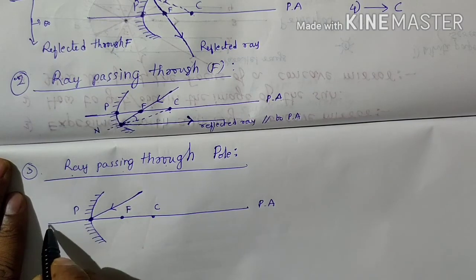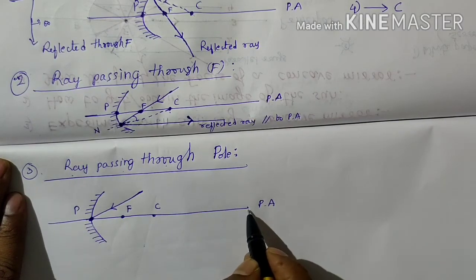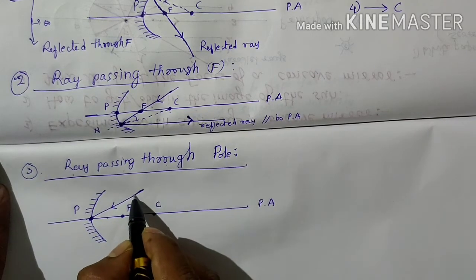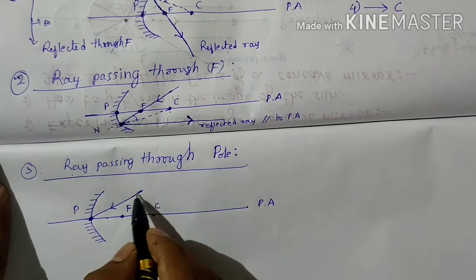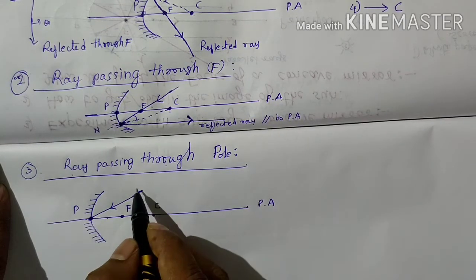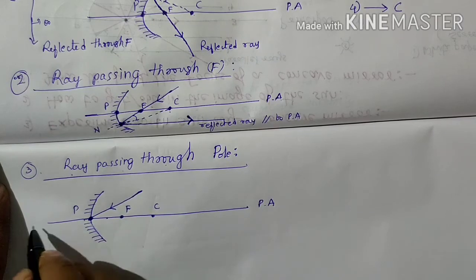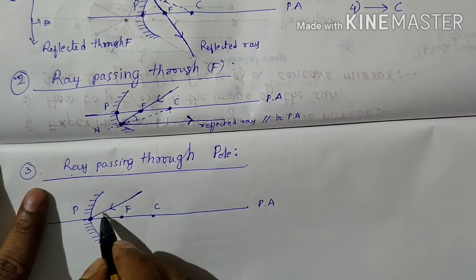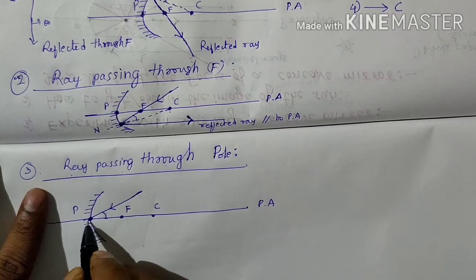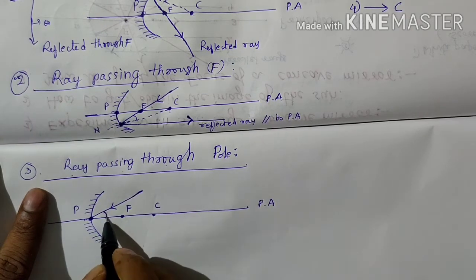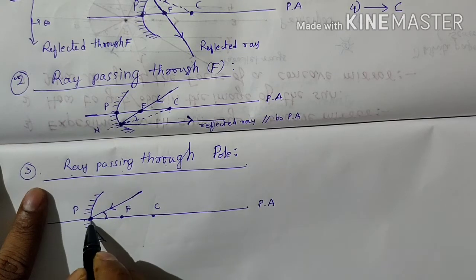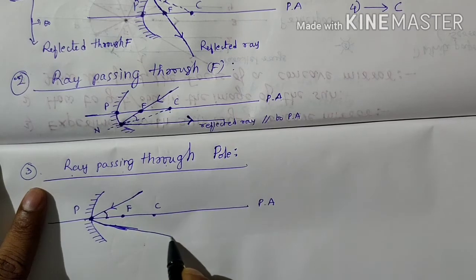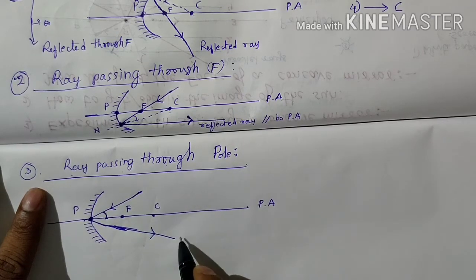See here, the principal axis acts as the normal to this ray passing through the pole. So we simply draw the reflected ray by making this much angle, by making this angle, draw the reflected ray.